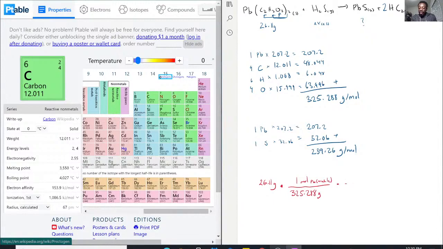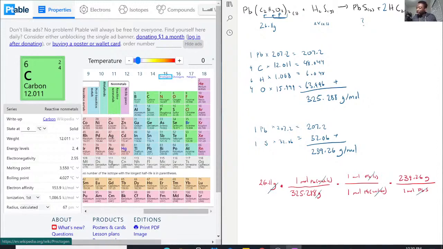And now, as you can see, based on the formula, for every 1 mole of lead acetate, there is 1 mole of lead sulfide. And then as a last conversion, for every 1 mole of lead sulfide, we have 239.26 grams. And if we cancel our units, we end up with the right grams.